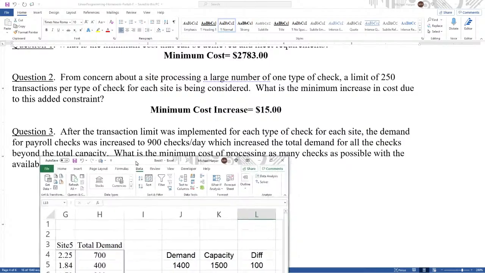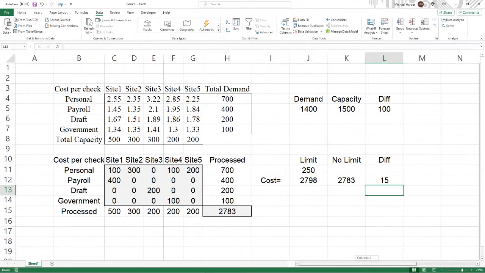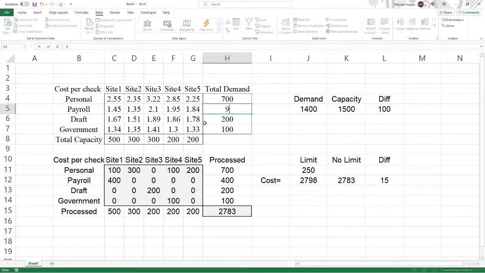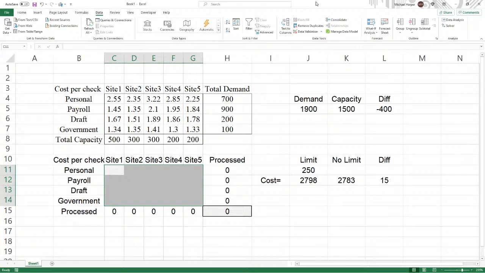So essentially, let's take the payroll checks. The payroll checks right here, this demand jumps from 400 to 900. And there they are. Aha, okay. So notice here, our demand exceeds our capacity, and so this will not give us a solution. This right here is not going to be the solution, but notice what's being asked.